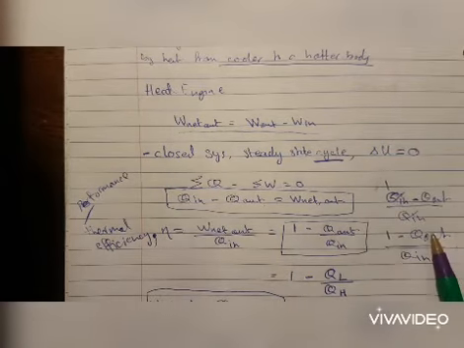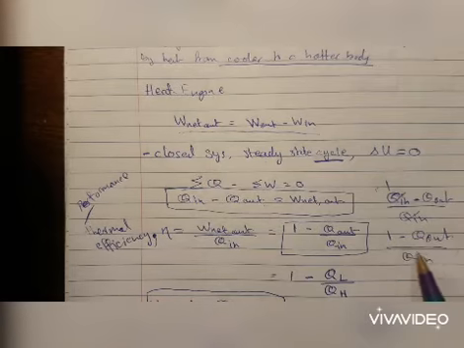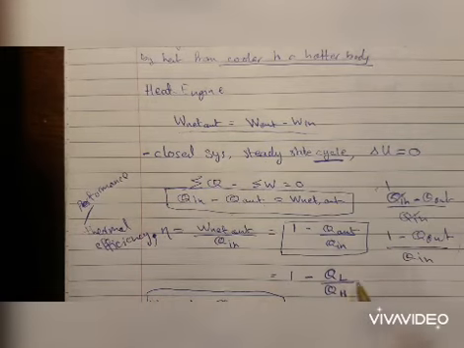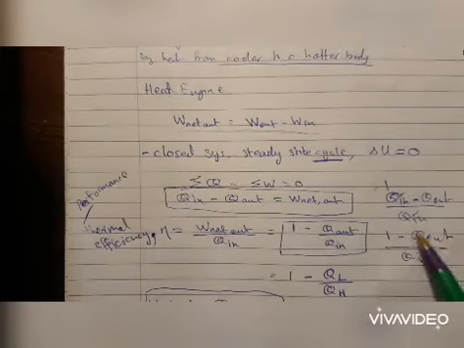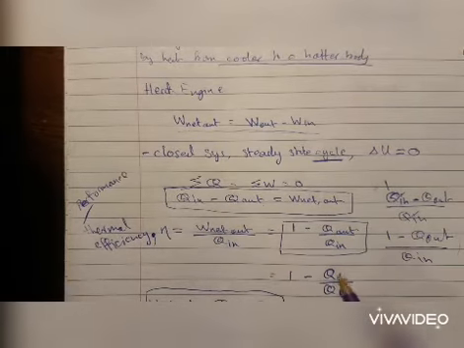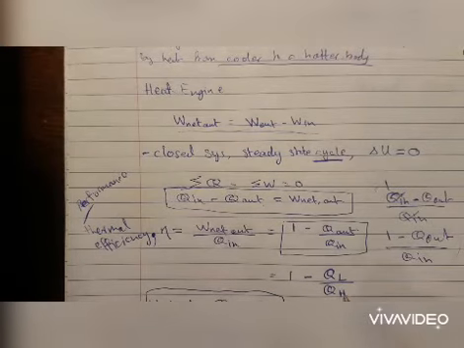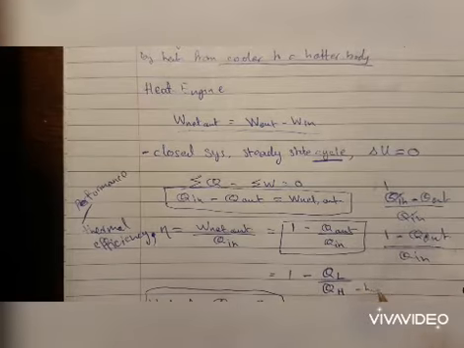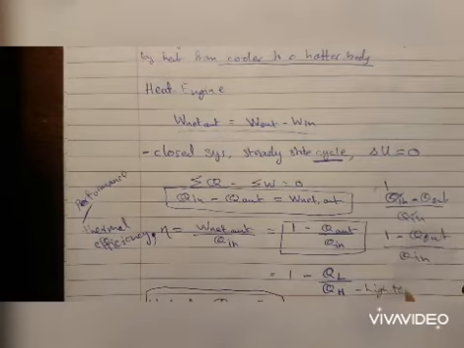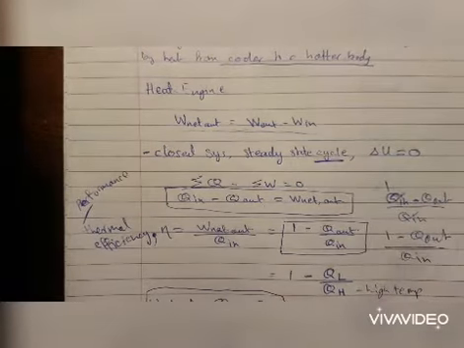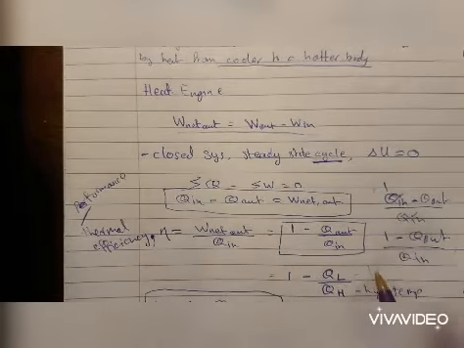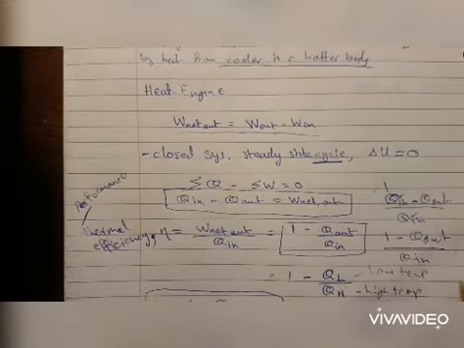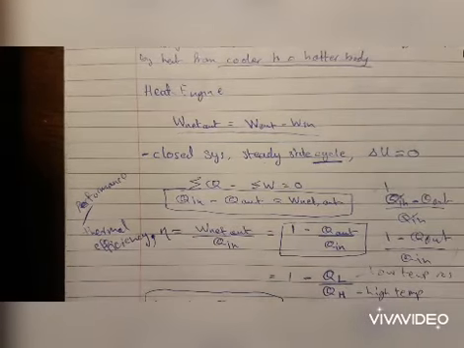So we can further change this notation to QL and QH, because we know that in a heat engine, it takes heat from a high temperature reservoir, which is QH, and similarly a low temperature reservoir.